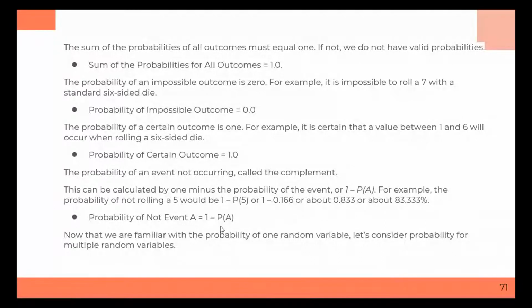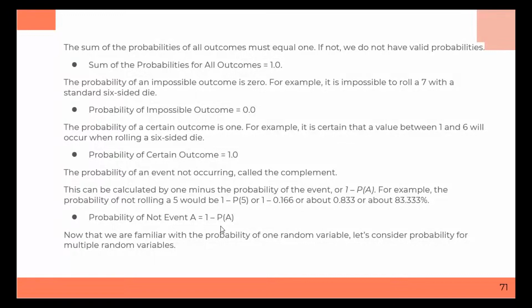We are not saying it will not occur. We are saying how much probability there is that 5 will not occur. If 5 will not occur, other things will occur: 1 is occurring, or 2, or 3, or 4, or 6.